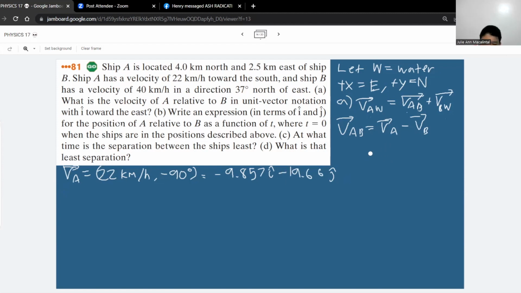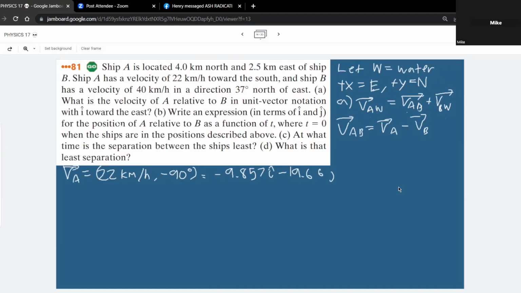So I hat is north, so kung directly south, yung southward direction is negative J hat. Yes, tama naman po. Bakit may I at saka J components ka kung velocity ng A lang yan? That should be negative 22 J hat.